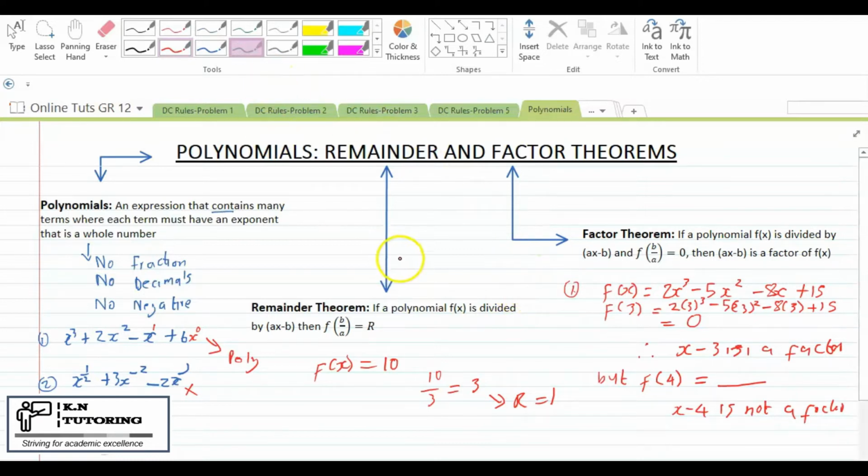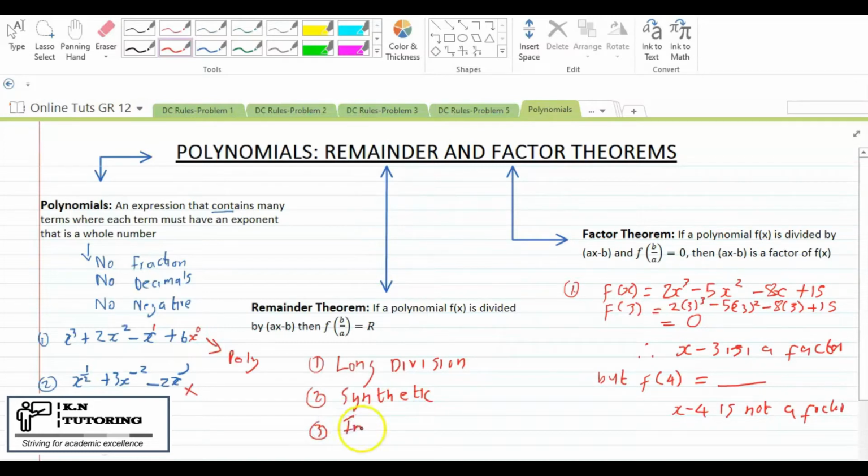As I already said, we are going to use these two theorems to solve problems, to factorize basically, and we will use 3 methods, namely long division, secondly the synthetic method, and lastly inspection.